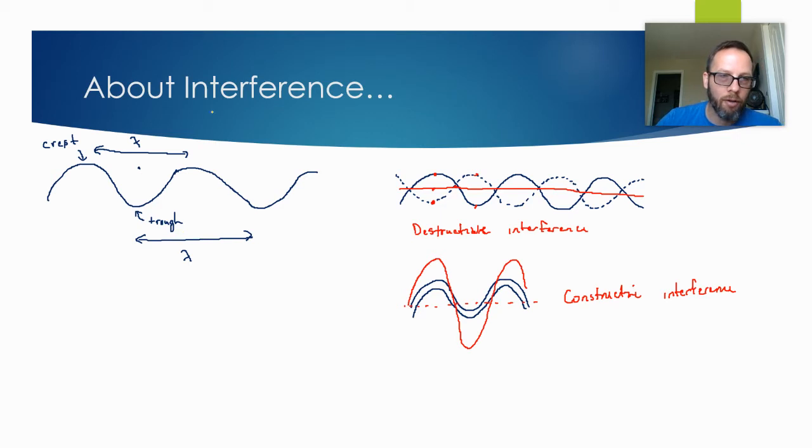So if I want destructive interference to happen, I have to shift this wave over by half a wavelength, lambda over 2. And if I do that, I get this wave, and then they're going to interfere.